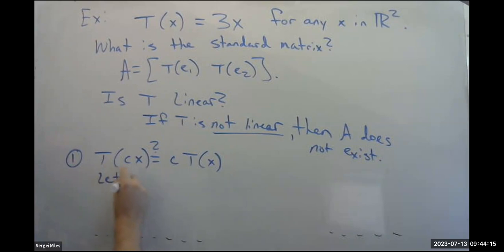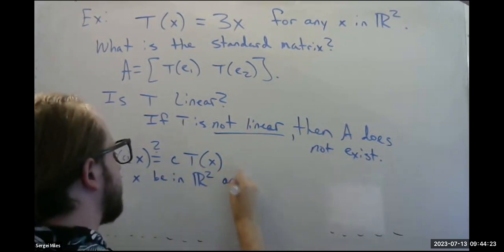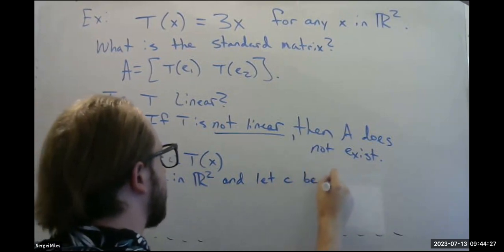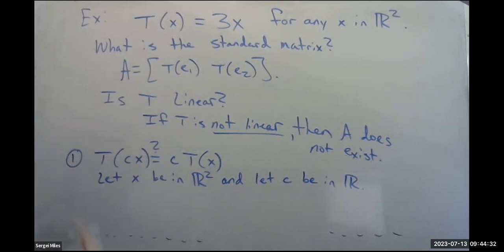Well, let x be in R2. This is an arbitrary vector. And let C be in R. C is now some fixed arbitrary constant. So now I want to check, okay, what is T of Cx?